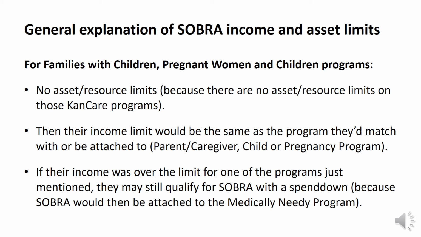If they are a child under 19, they'll have the same income limits of the children's program they match with, or if they are pregnant, then they'll have the same income limits as the pregnancy program. If their income was over the limit for one of those programs just mentioned, then they may still qualify for SOBRA with a spend down, because SOBRA would then be attached to the medically needy program, which is an alternative program when people are over the limit.